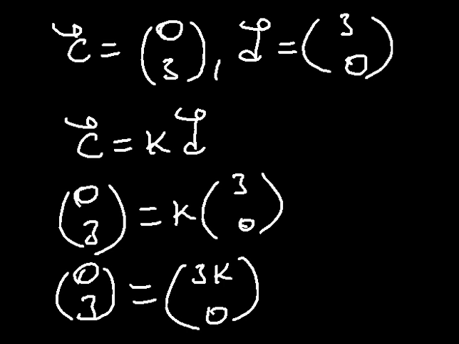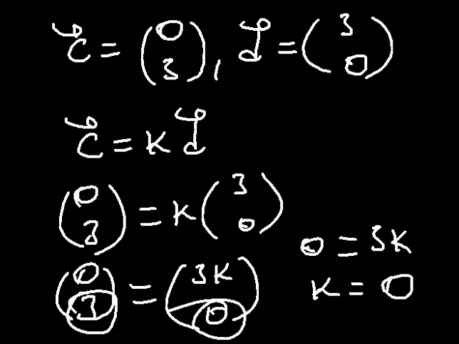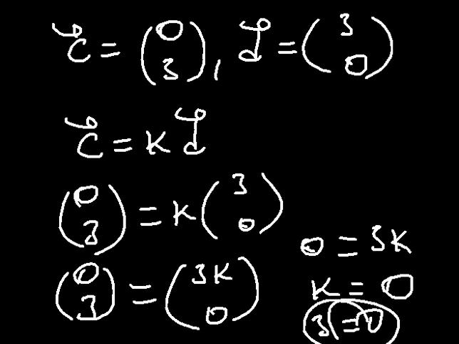For this case, as it stands here, these two vectors are no longer parallel vectors, because we have 0 equal to 3k, of which k should be 0. And how about this side? We have 3 equal to 0, which is something we will not be able to express. So those two vectors are not parallel.